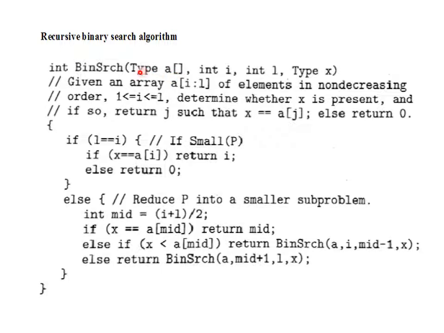So if it is integer, this type is also integer. If it is float, the X value we want to search is also float. And if it is an array of strings and we want to search for a string, whether the string is present or not in a given list of n strings.